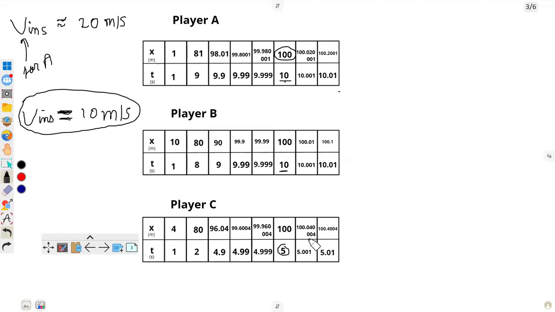So let us try to find the instantaneous speed between the time interval t is equal to 4.99 to 5. So what is the distance traveled? Anyone?